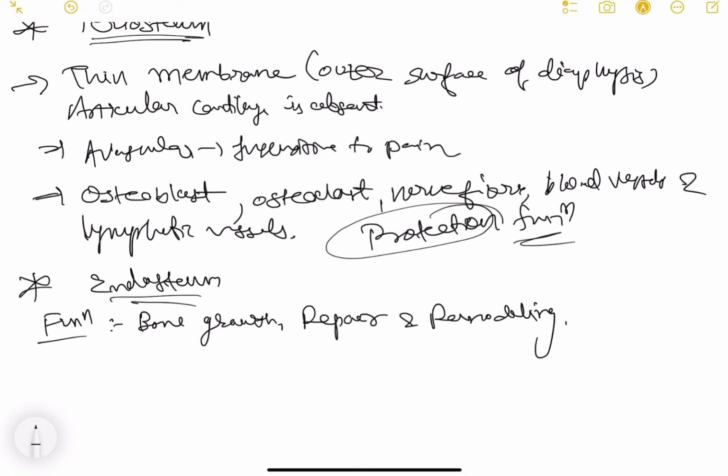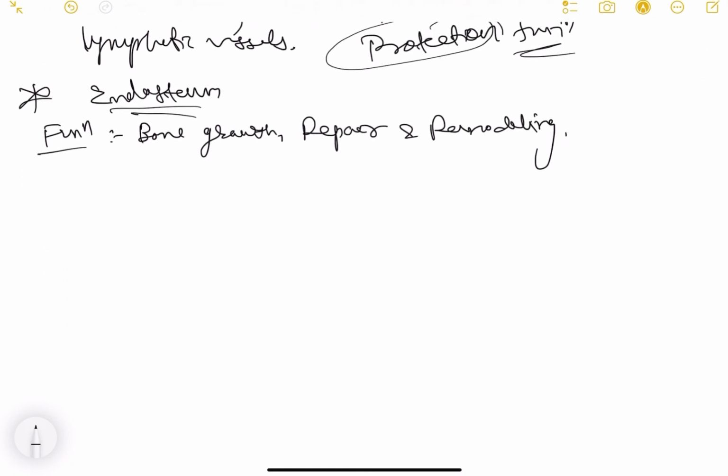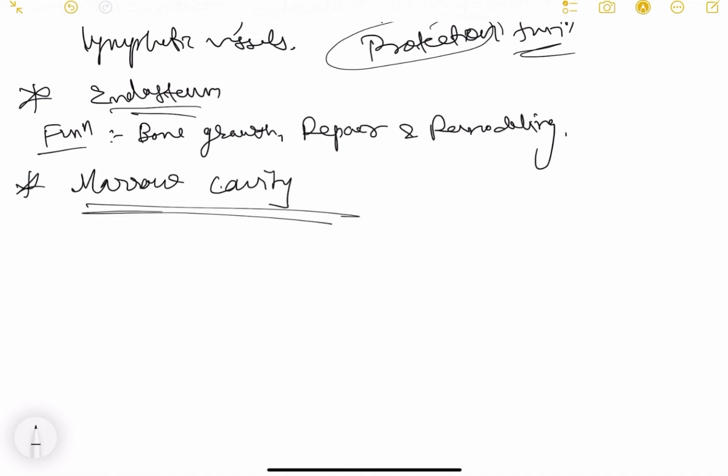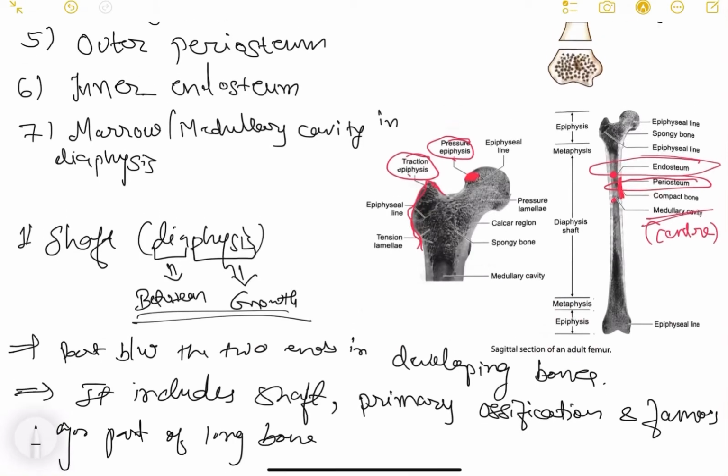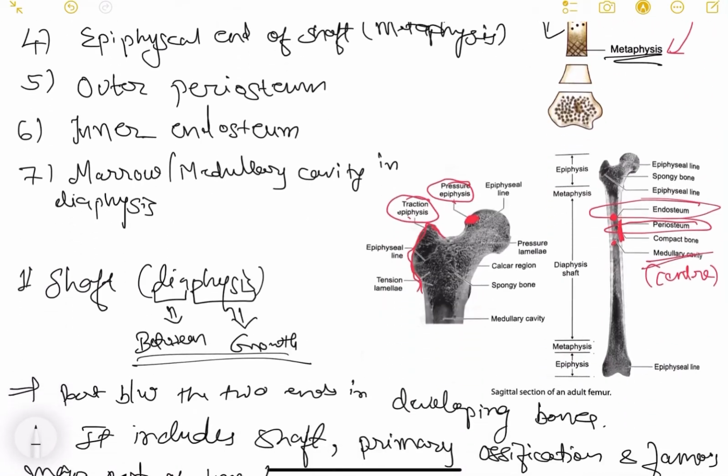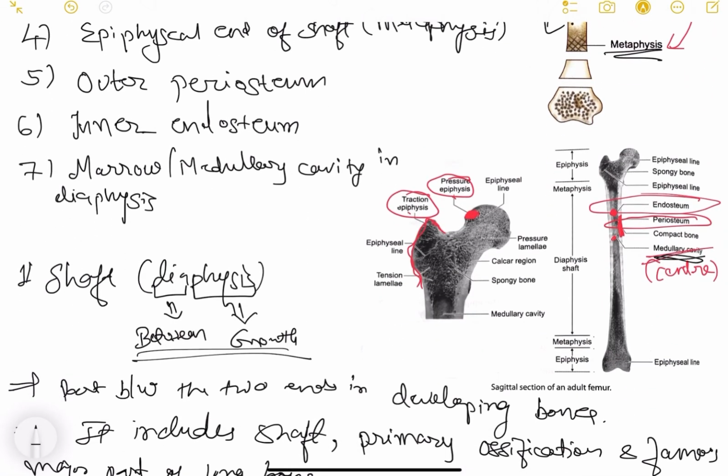Now we will talk about marrow cavity, which is the last topic of parts of growing bone. Now let us see the marrow cavity in the figure. The spongy bone, can you see here?